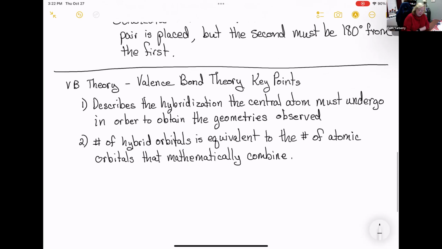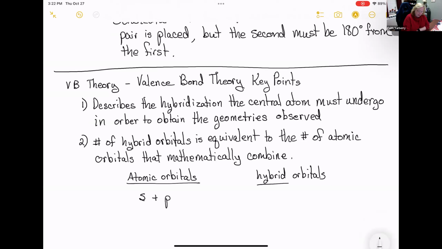What that means is if I have the atomic orbitals S and P, and I combine those together mathematically, then I will get out two hybrid orbitals because I put in two atomic orbitals. And those hybrid orbitals are sp hybrid orbitals.